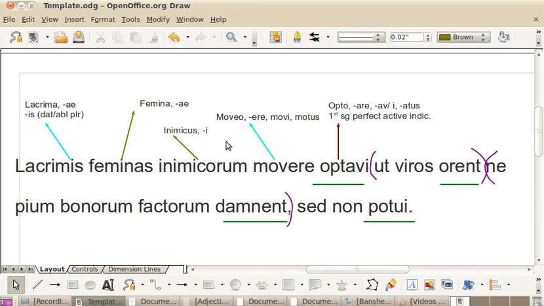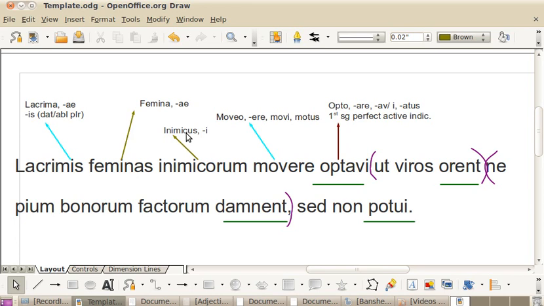It ends in I in the second principal part, the genitive singular, so that tells us it's a second declension noun. And when we have a second declension noun, it could either be masculine or neuter. The US form tells us it's masculine. There are two other endings we could expect in the nominative singular here, an R or an ER, if it were to be masculine. And if it were neuter, it would solely be UM.